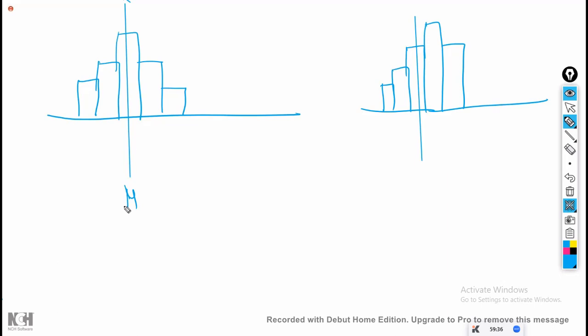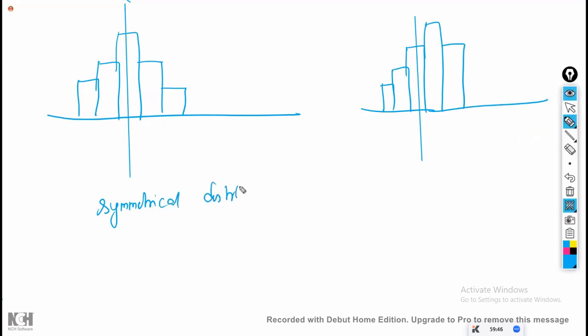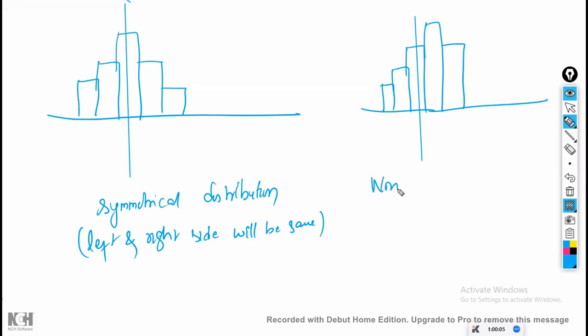Symmetrical distribution means the left side and right side will be the same. Non-symmetrical or unsymmetrical, whatever name you want, you can keep.